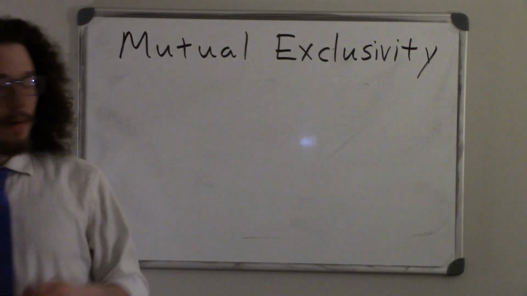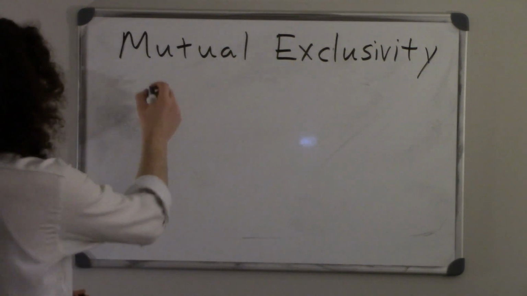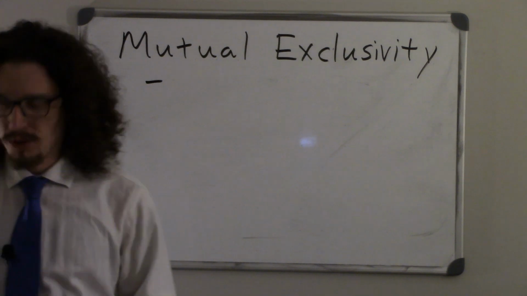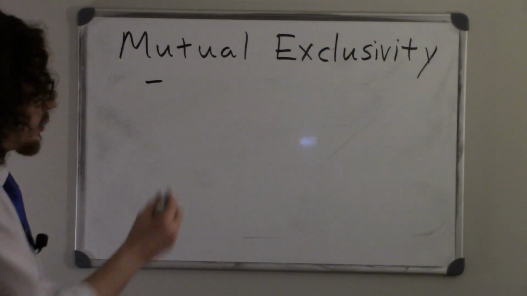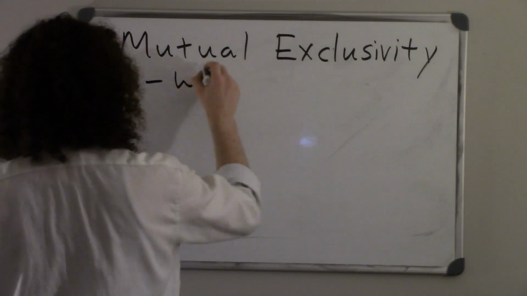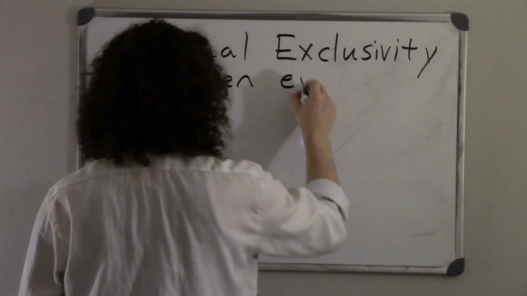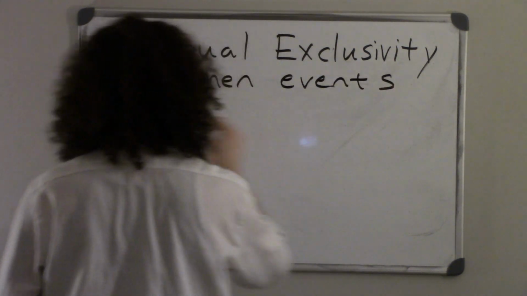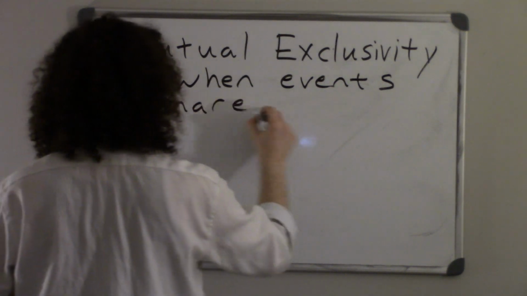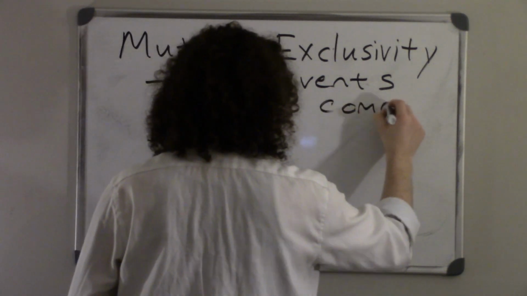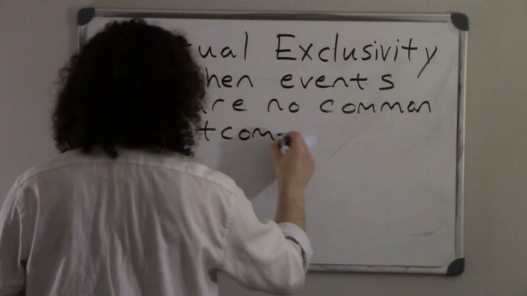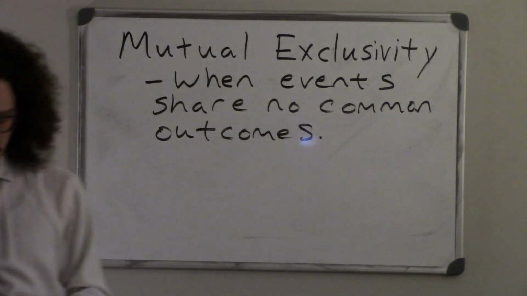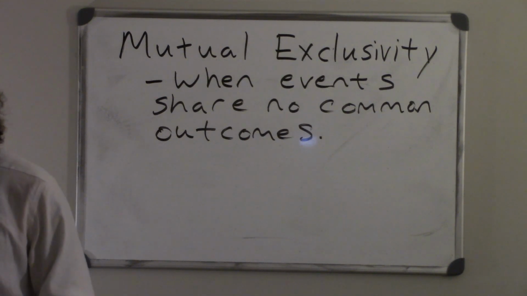All right, so if 2 events are mutually exclusive, then it means that the events don't share any common points. Or probably a better thing to say instead of points would be outcomes. All right, so they share no common outcomes.